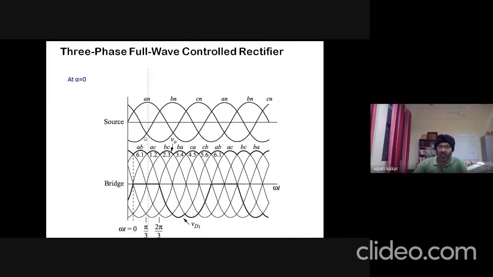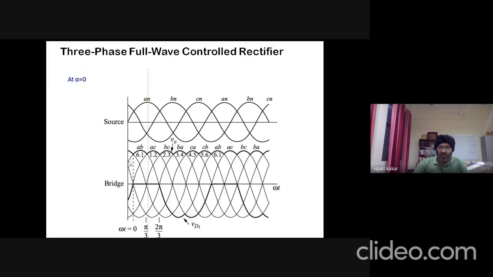Vbn is displaced by 120 degrees, and Vcn is another 120 degrees of phase shift. Then the cycle continues again, An, Bn, Cn. So these have 120 degrees phase shift.